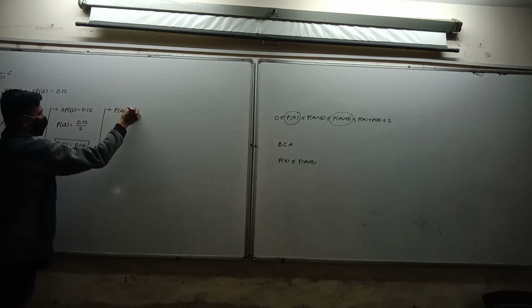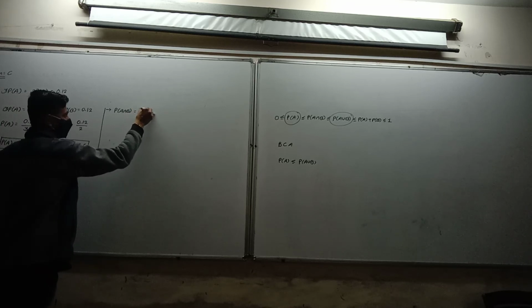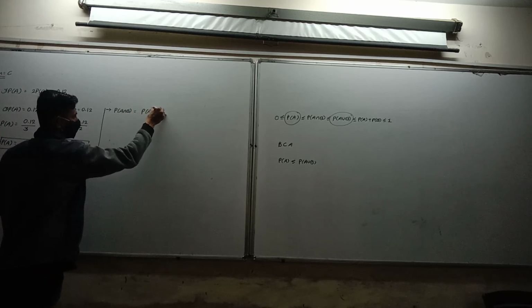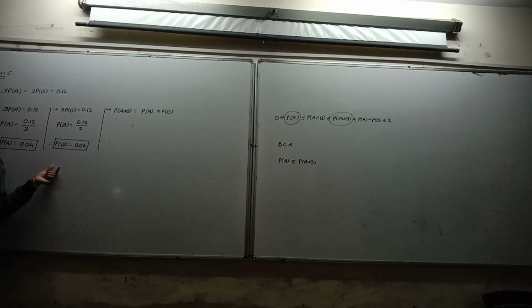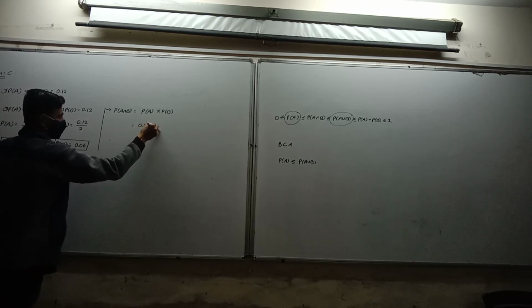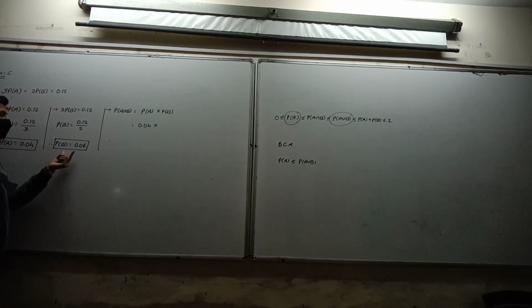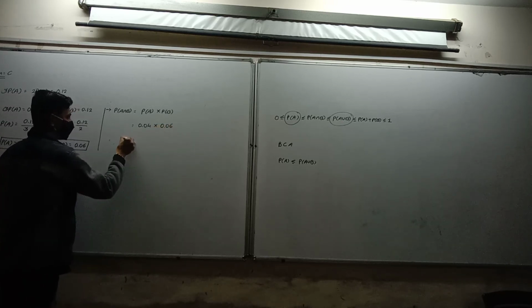Event A and B both are independent event. Independent means multiplication. So P of A into P of B. Value of P of A 0.04 into value of B 0.06.